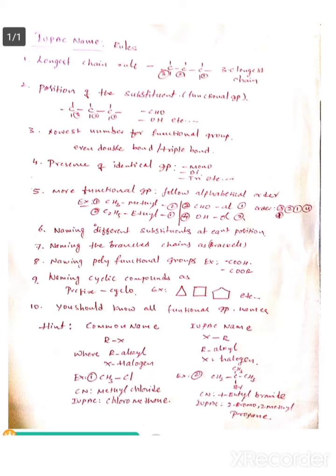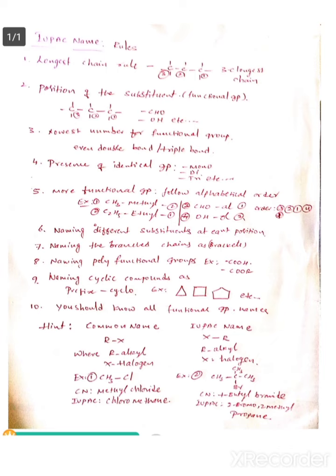Next, one hint I can give you: the common name and the IUPAC name. Common names are followed by RX. R means alkyl group and X means halogen.